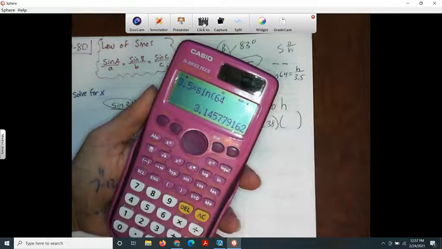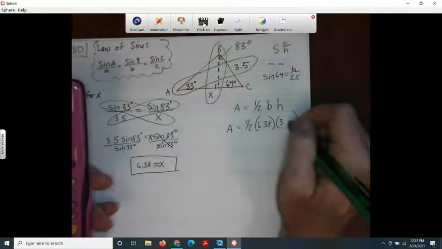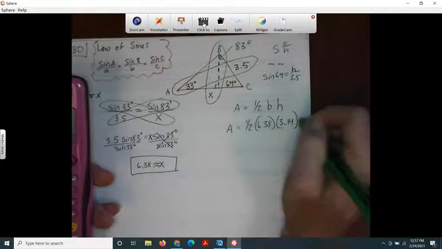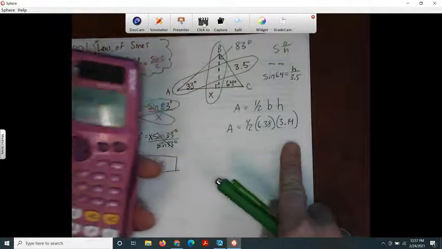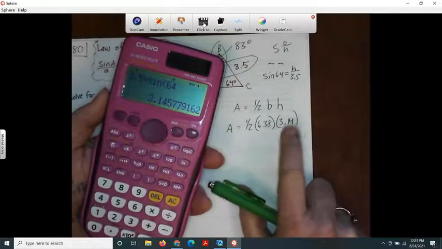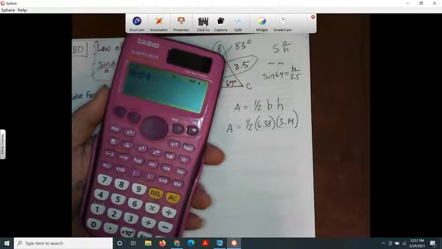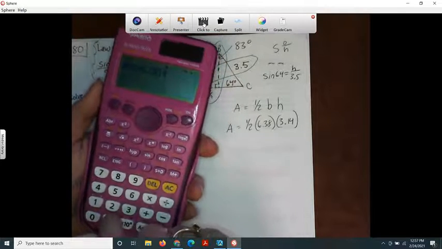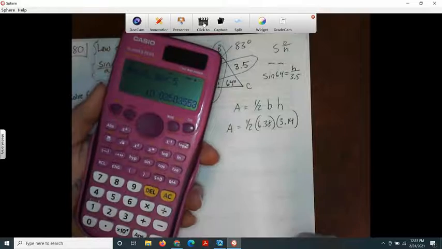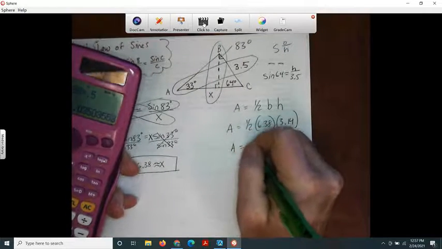So I've already got that in my calculator. So I'll just times it by 6.38 times 0.5 for a half. And I got that the area is 10.035. So I could say 10. And then I'll make these the wavy lines. And that's it.